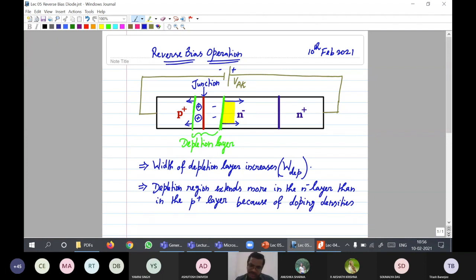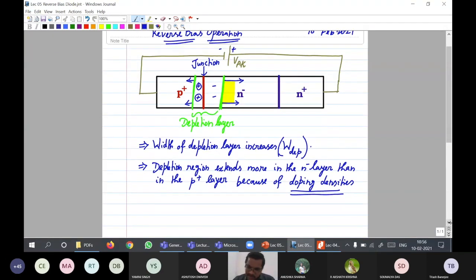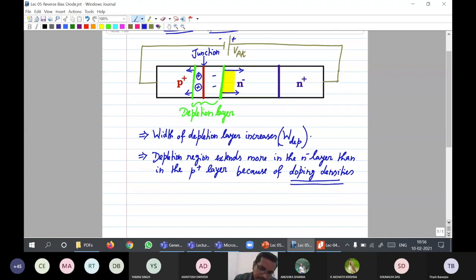Depletion layer extends more in the n minus layer than in the p plus layer because of difference in the doping densities. One. Now, if we increase the reverse bias, let's say I apply a variable voltage, and then increase this applied reverse bias, then the extension of this depletion layer will be even further.